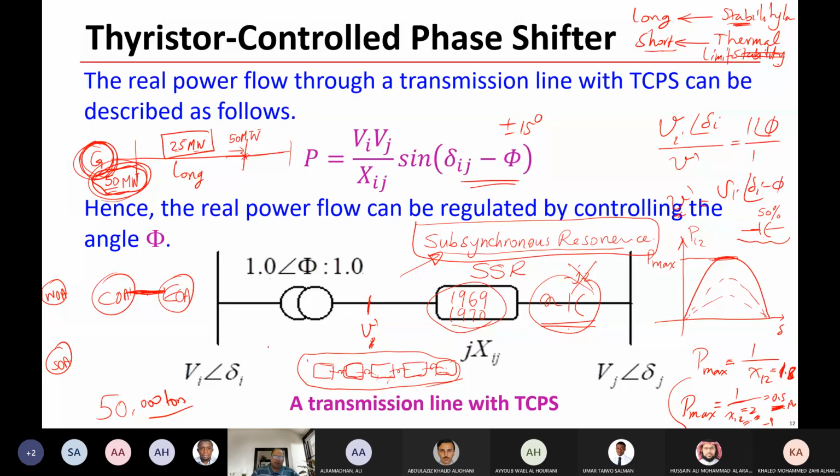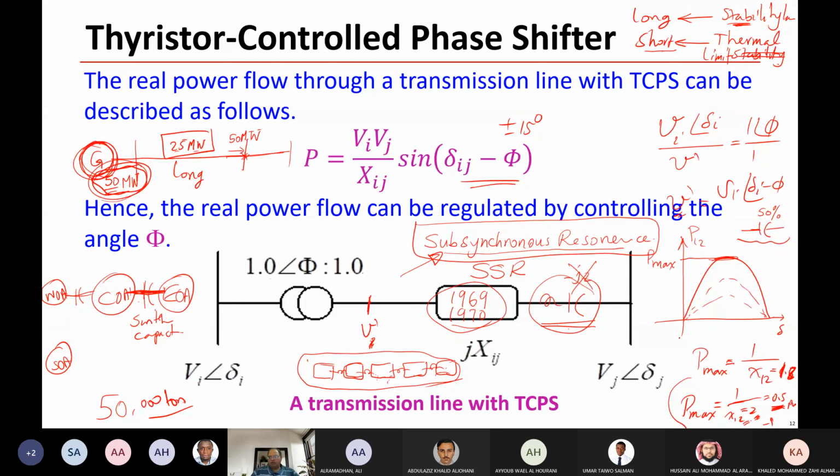Usually, even here in the eastern area and in the central area, there is a series compensation here and a series compensation here, and this is not thyristor controlled but a switched capacitor.